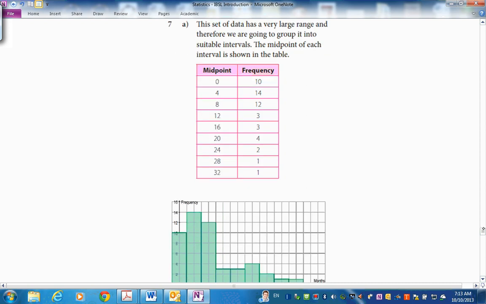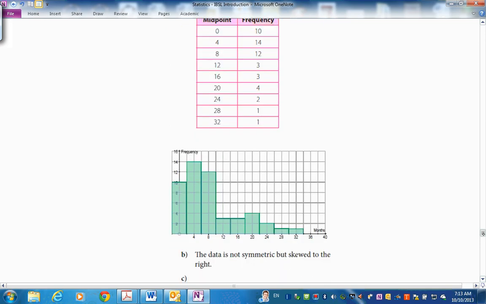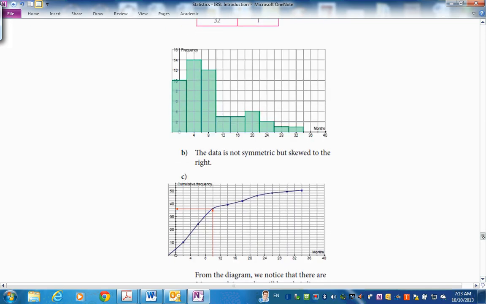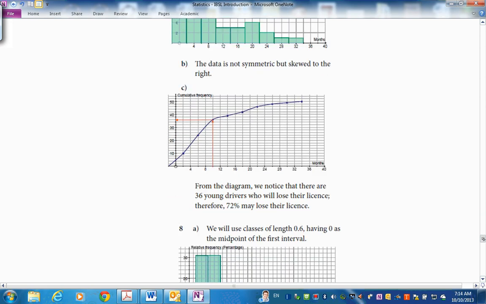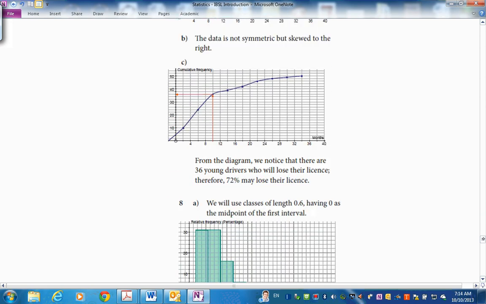Seven. Rest of 7. See if we can get some diagrams on there. Part B. And there's C.